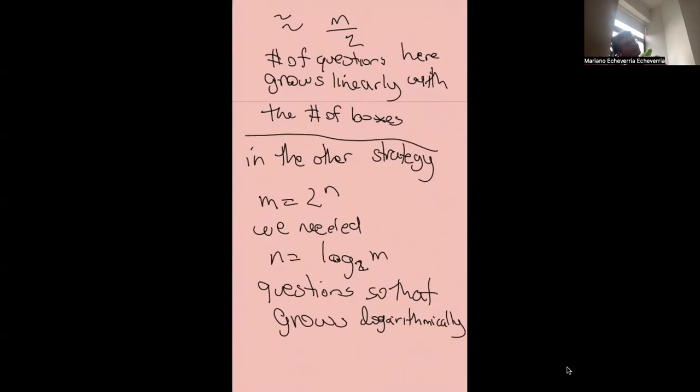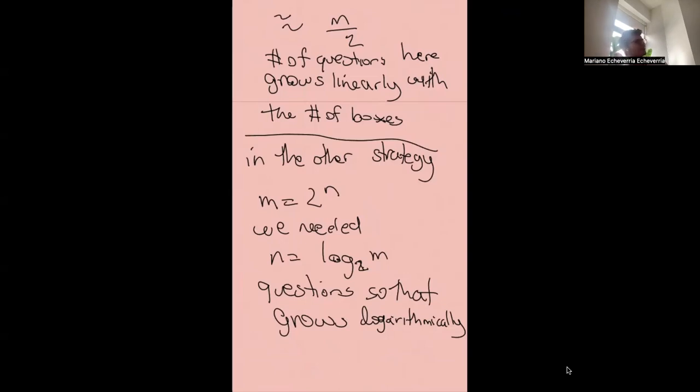When you compare these two strategies, one has logarithmic growth in the number of questions and the other has linear growth, so it's clear that one is better than the other.